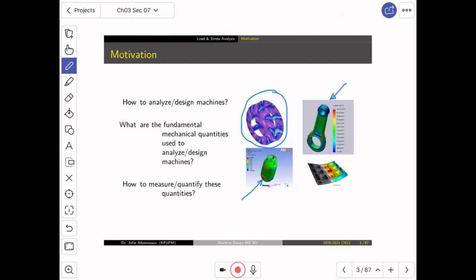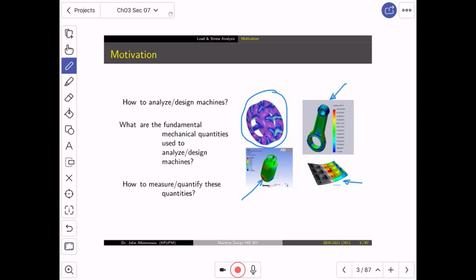And this one seems to be a part of an airplane fuselage or compartment, something like that. So these shapes are way too complex for us to analyze by hand. So ultimately, you will use software.